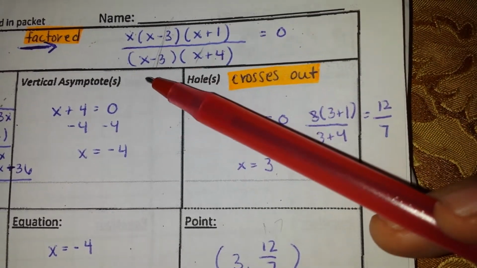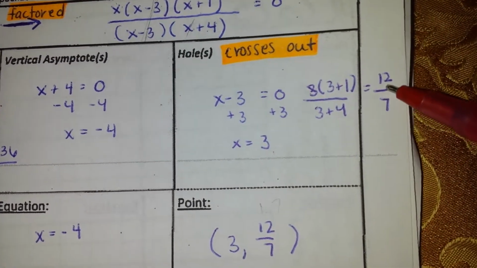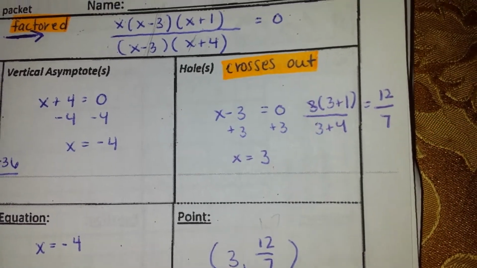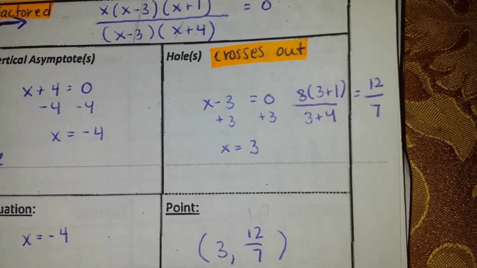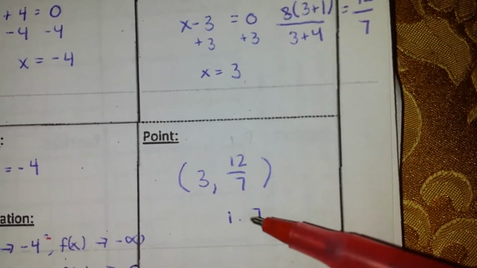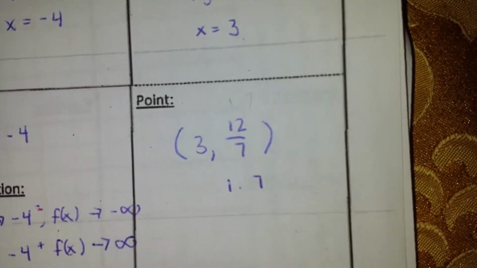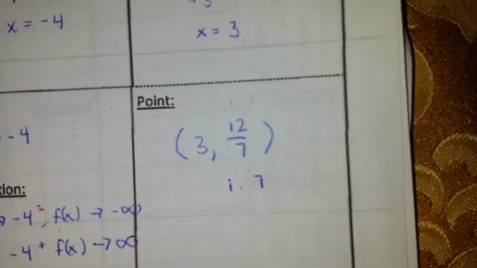We are not plugging it into the factors that cancel out, because they're not there. So we end up with 12 over 7. Our point is (3, 12/7), and if you want to put it into decimal form, it should be about 1.7.